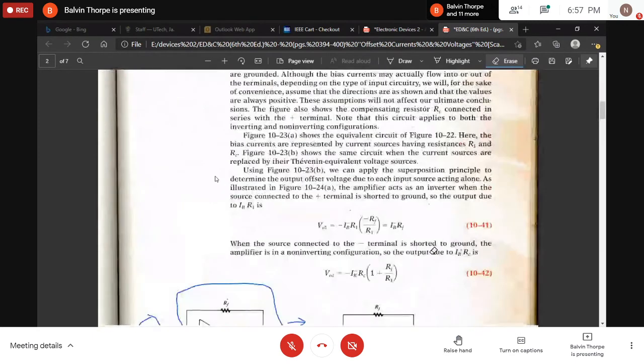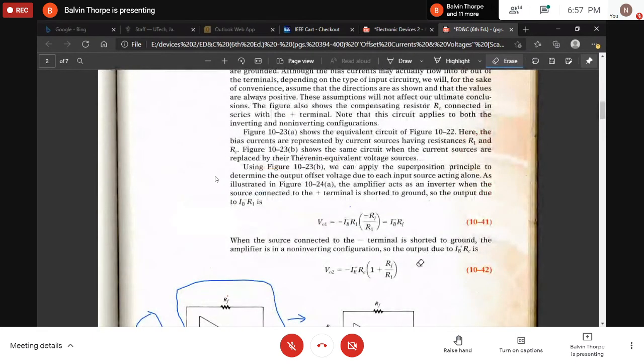But before we go there, you realize that equation 1041 can be simplified. R1 can cancel out.